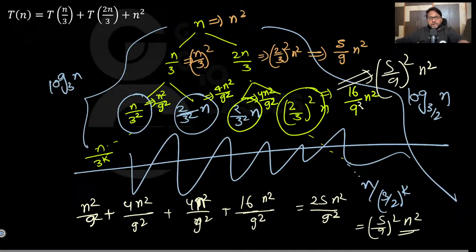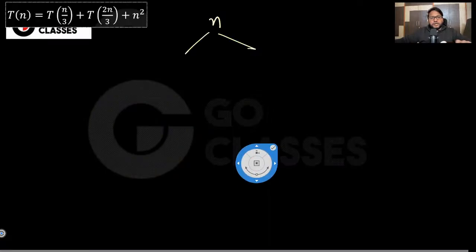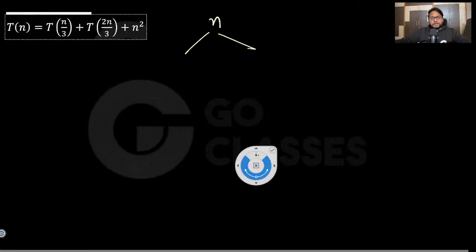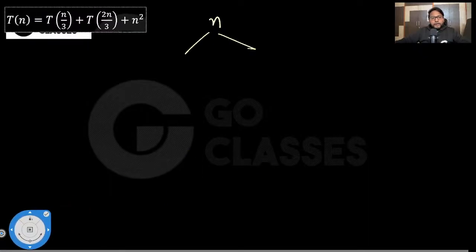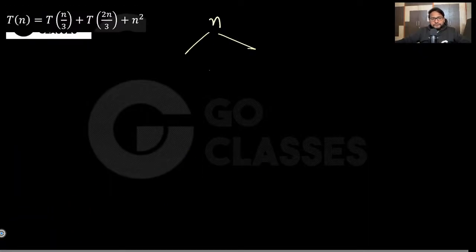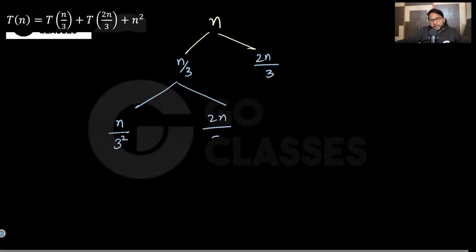See here, this is the question that is given to us, right? Now we are dividing that into two parts. One is n by 3, another one is 2n by 3. Now we are dividing again into two parts. One is n by 3 square. This one you multiply with 2 by 3, so 2n by 3 square.